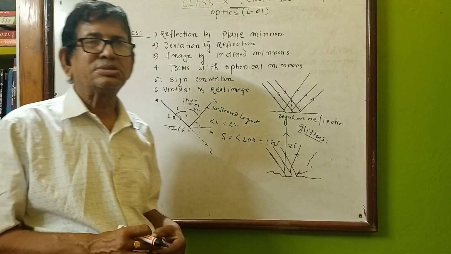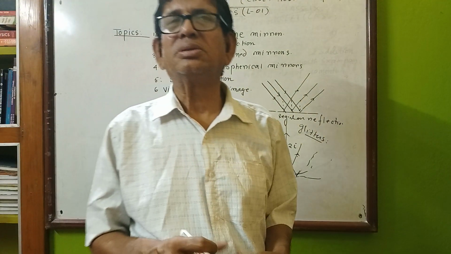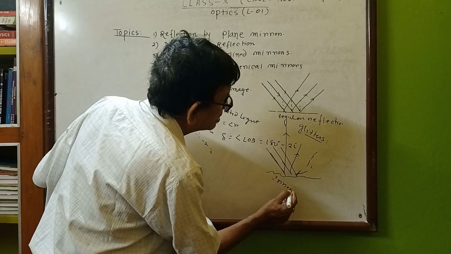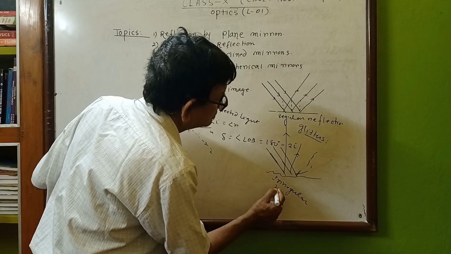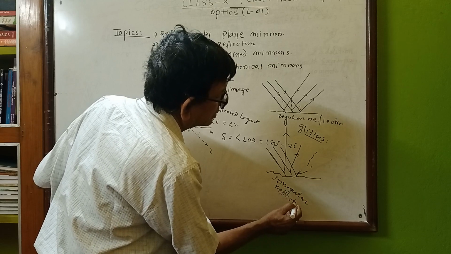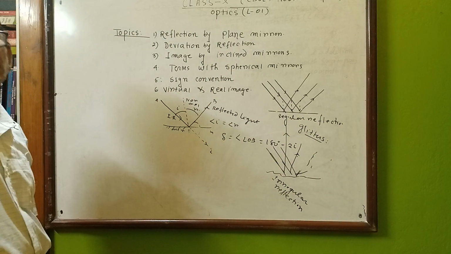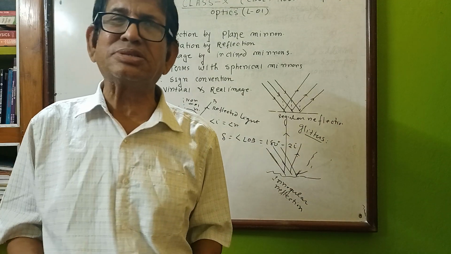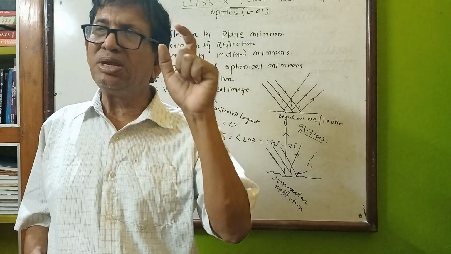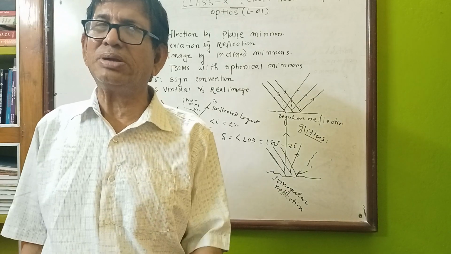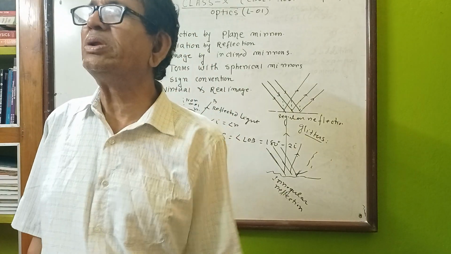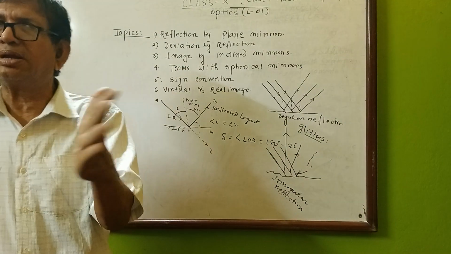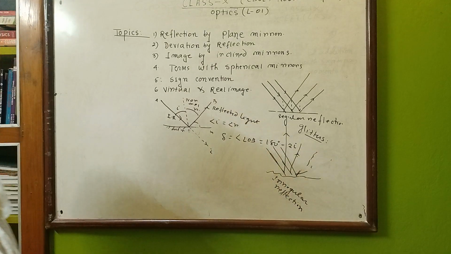For example, the screen of a cinema, where irregular reflection takes place. That means after reflection, the reflected rays are scattered in different directions equally. As a result, from every corner of the cinema screen, which is white in nature, it is uniformly illuminated, because from every corner you get the same reflected amount of light.